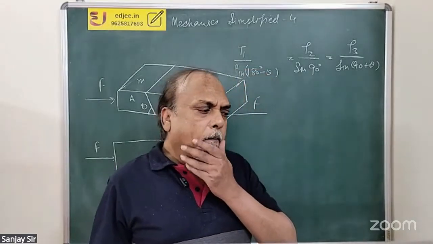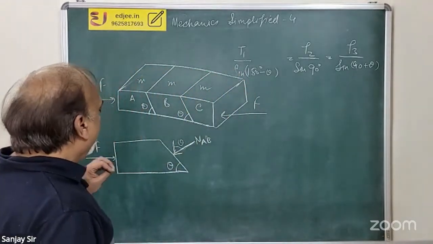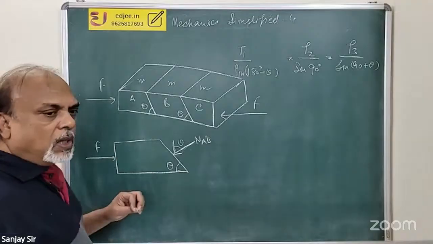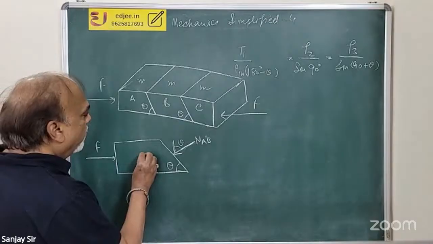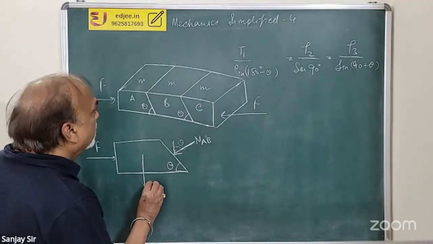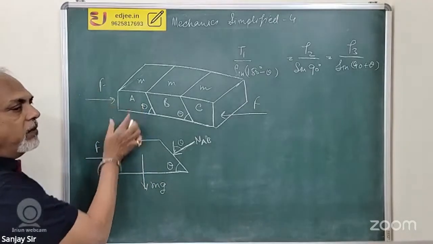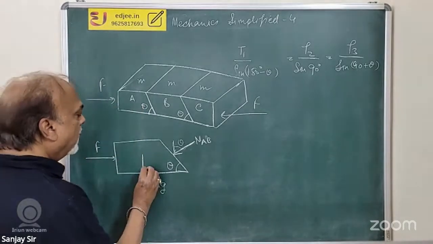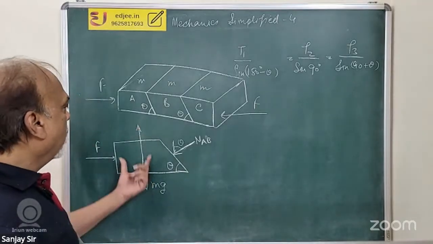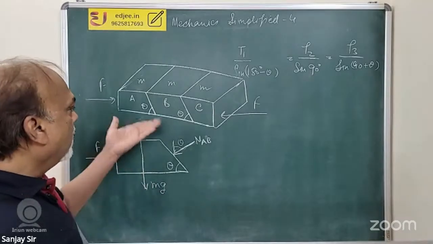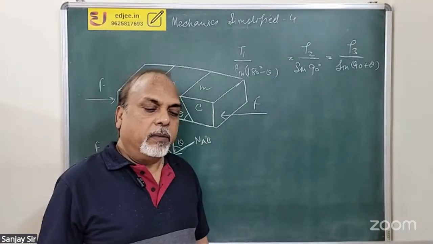Now just mark the forces. What are the forces it is having? One force will be your mg, because this block A is having the mass m, and of course there will be a normal force due to the horizontal surface. Correct?